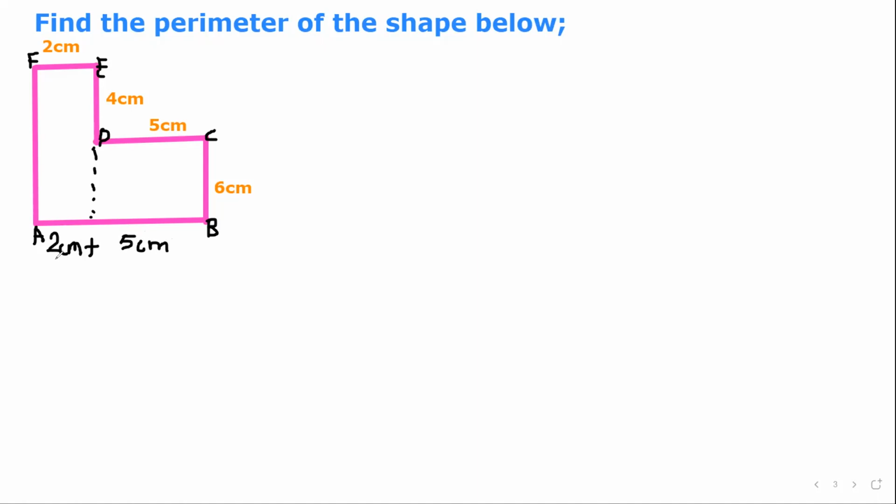Now, when you add them, let me bring the brackets. The total dimension for line AB is 7, okay? So 2 plus 5 is 7 centimeters. Okay, good. Now let's find the line FA or AF.